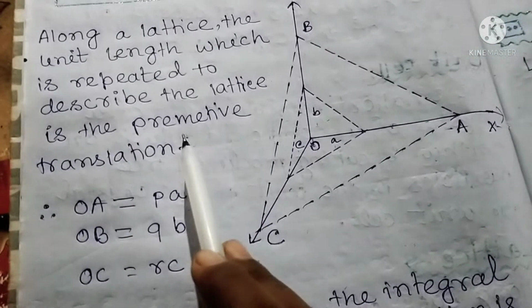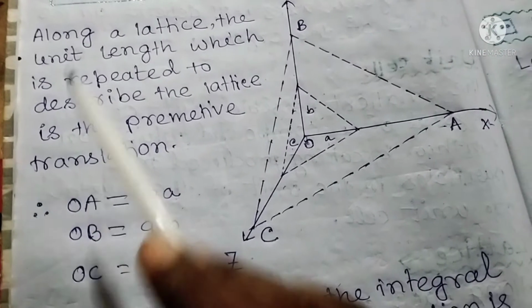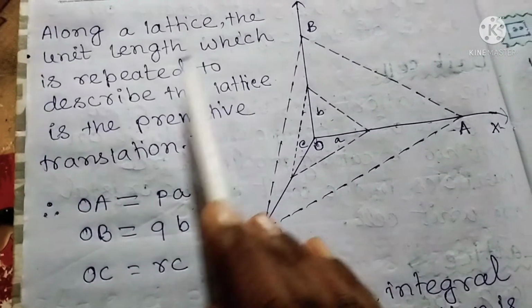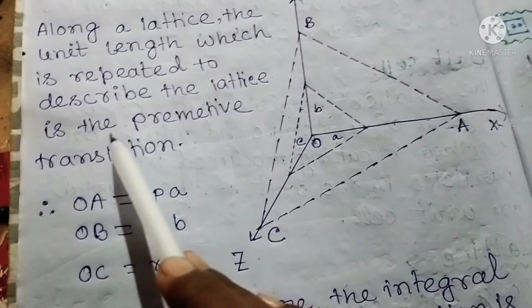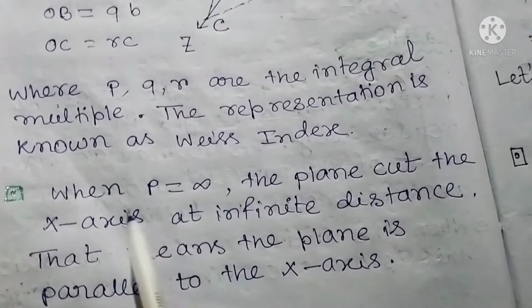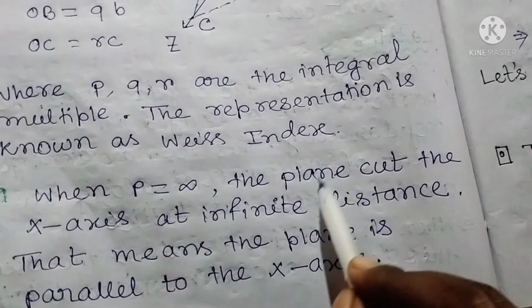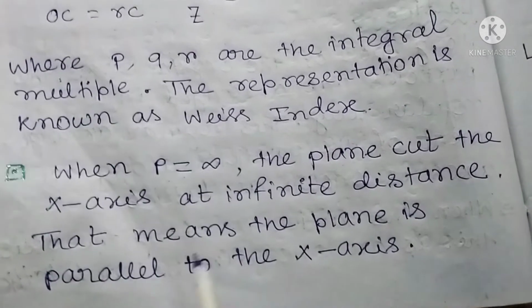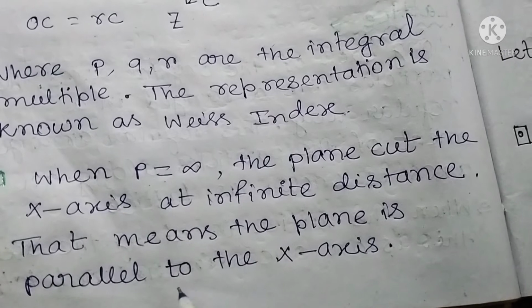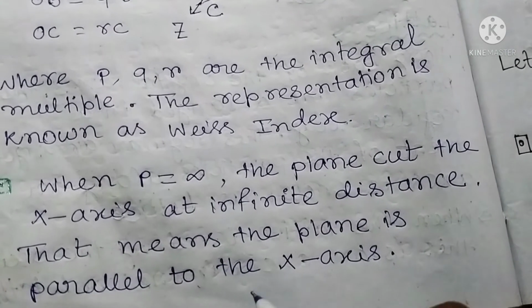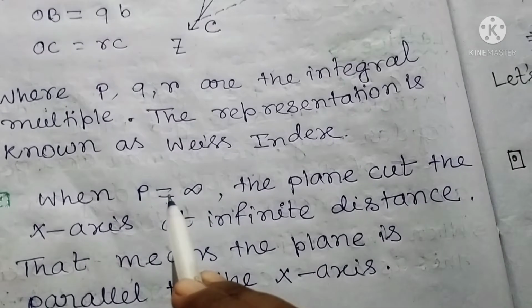Students, here we learn what is primitive translation. Along a lattice, the unit length which is repeated to describe the lattice is the primitive translation. Now, when p equals infinity, the plane cuts the x-axis at infinite distance. That means the plane is parallel to the x-axis.